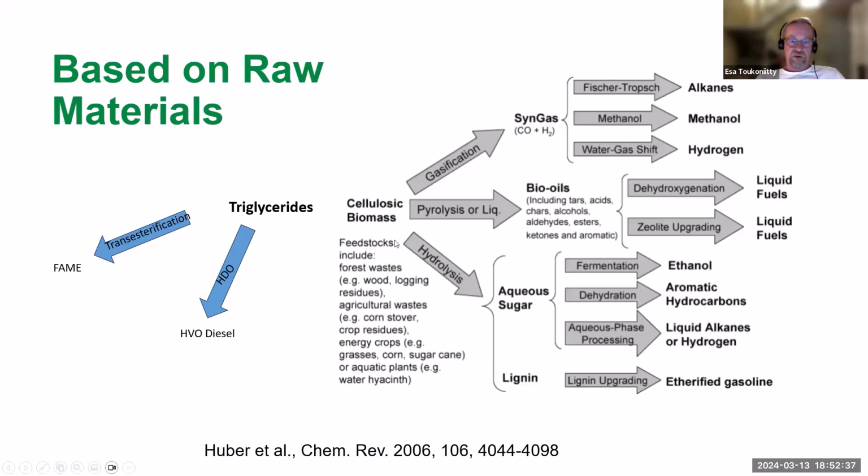Then the third common route from cellulosic biomass is this hydrolysis route, and hydro in principle refers to water, so breaking with water the polymeric structure. Chemically it means that from that cellulosic chain you break these ether linkages, these 1,4 linkages, glucosidic bonds, by adding a water molecule into each bond.